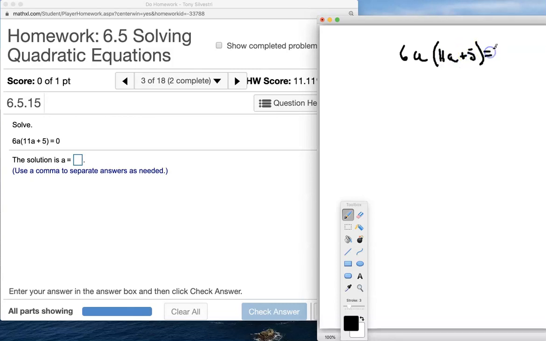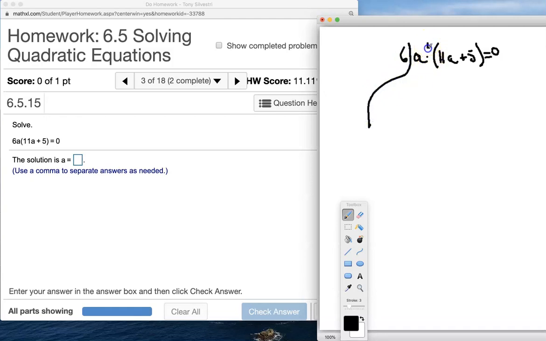is equal to 0. Okay, well, we'll use the principle of 0. 6 is a factor. A is a factor. This is a factor. Now, what you're going to do is take your factors and set them equal to 0. So I'm separating all these factors here.